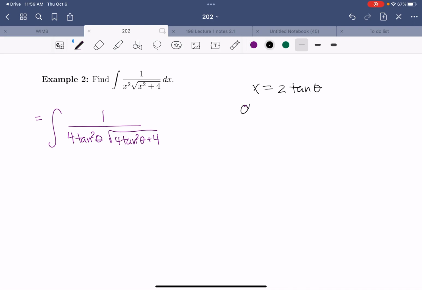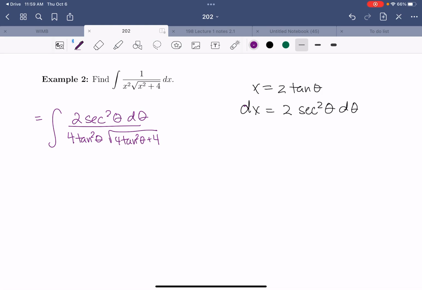And dx is 2 secant squared theta d theta. So my dx, and I'm just going to put this in the numerator, is 2 secant squared theta d theta. And that's what I'm going to try to integrate.